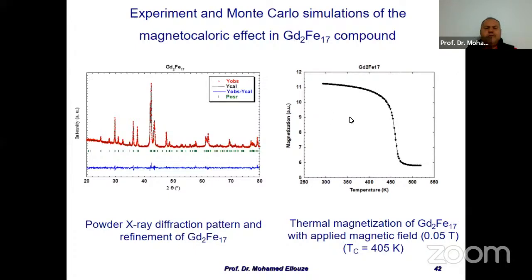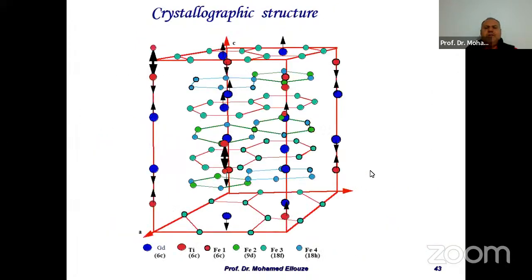Here we have the structure of this kind of sample. It is not so easy to calculate or determine the structure using the software, but we have the possibility to get this structure.